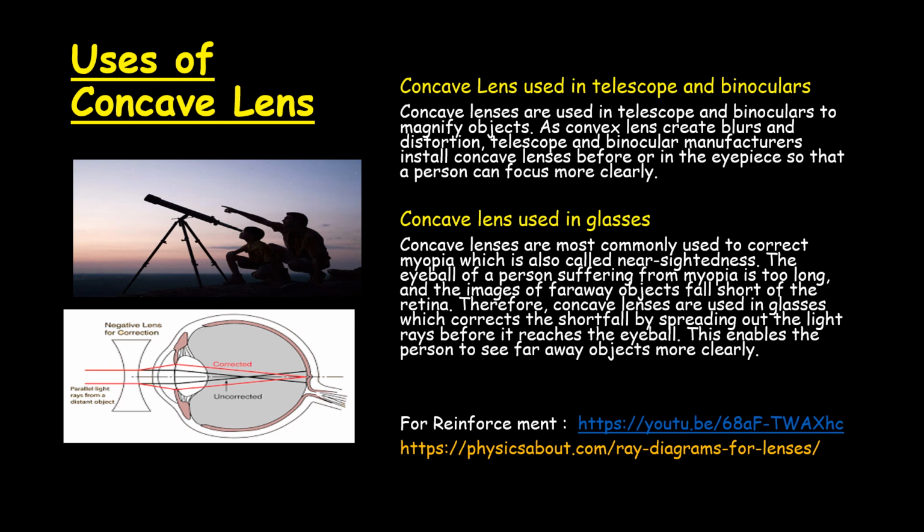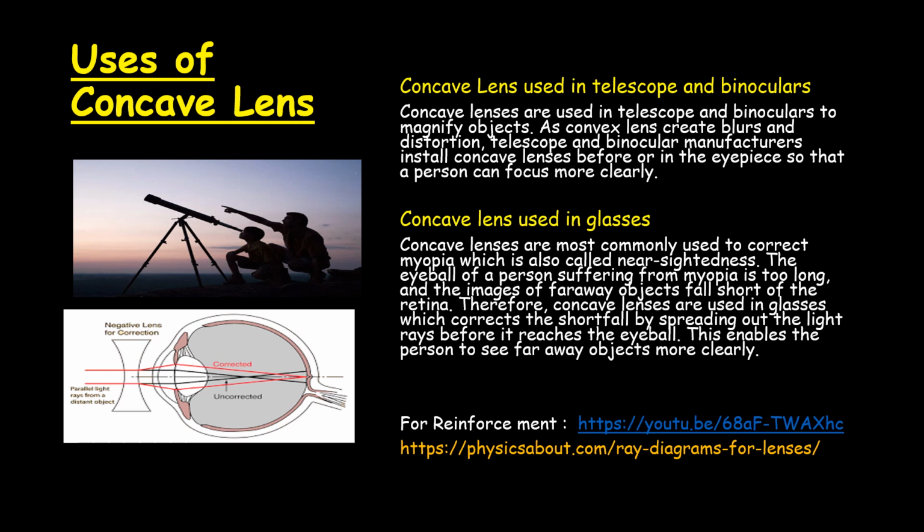Concave lenses are also used in spectacles for correcting myopia. Myopia is also called nearsightedness. Nearsightedness means people can see near things but cannot see far off objects. Like some of you must be wearing spectacles for myopia or nearsightedness.